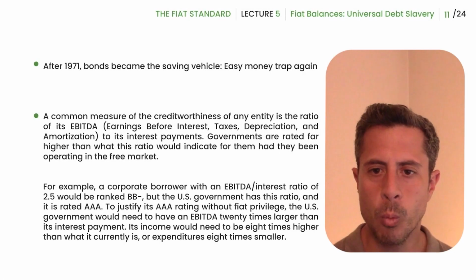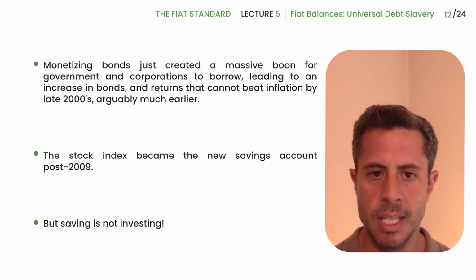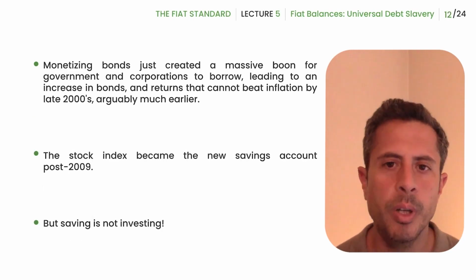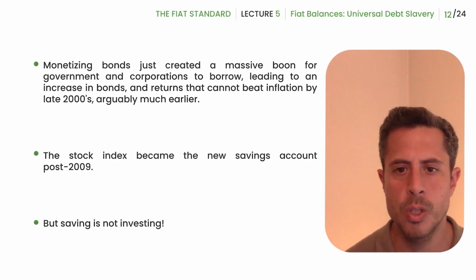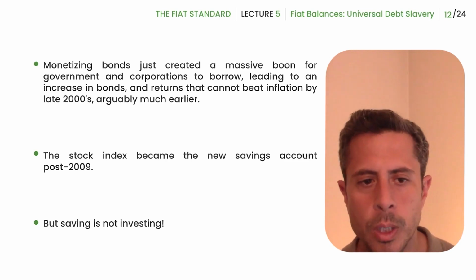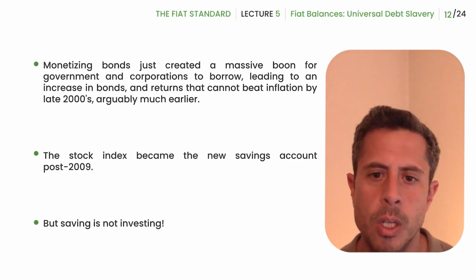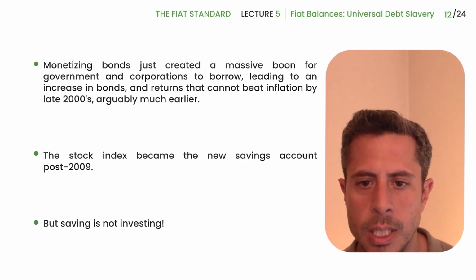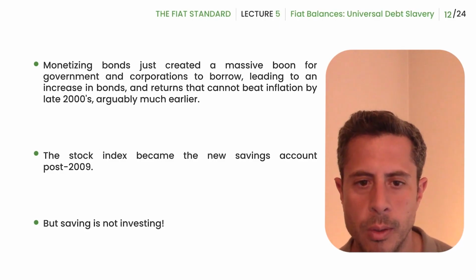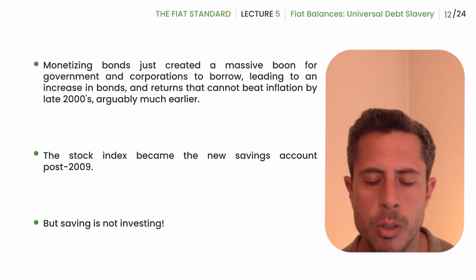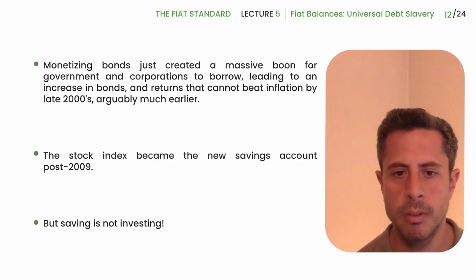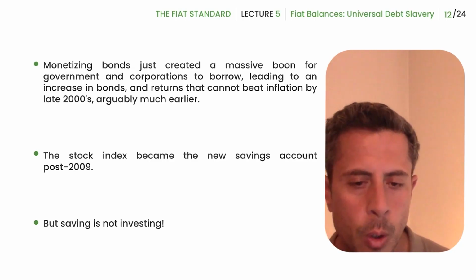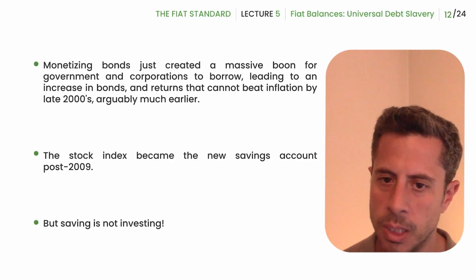So the bond market worked for a while as a saving mechanism, but of course monetizing bonds just created a massive boon for governments and corporations to borrow, leading to an increase in bonds and returns that cannot beat inflation by late 2000s. And arguably much earlier, depending on how you calculate inflation. We know now definitely that bonds don't beat inflation.